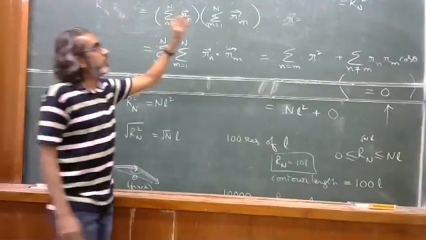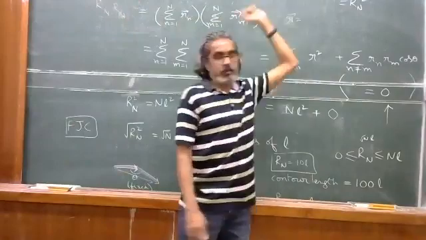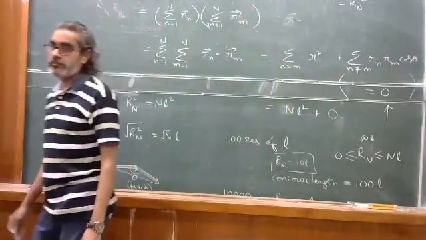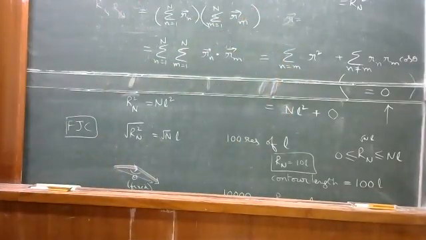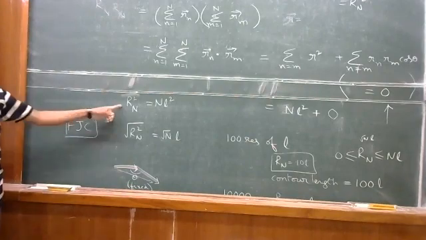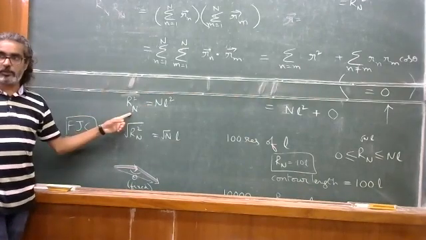So to get rid of that, we just do a dot product. From that we get that R n square is equal to n times L square. So this is not the average R n. No, this is R n square, not the average.